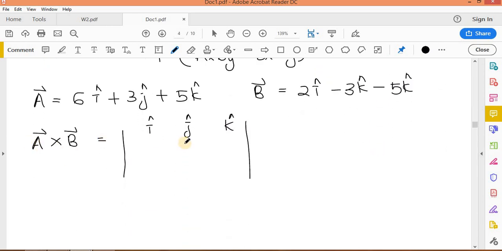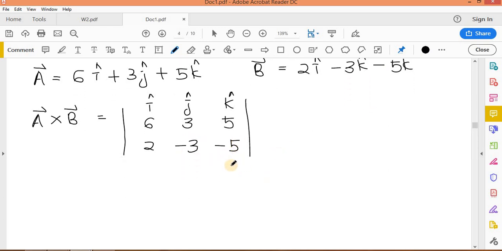So now you plug the correct values into its slot. This one will be 6, 3, 5, and this will be 2. You have to insert the negative as well. And negative 5 is here. This is how you arrange each parameter into this matrix.